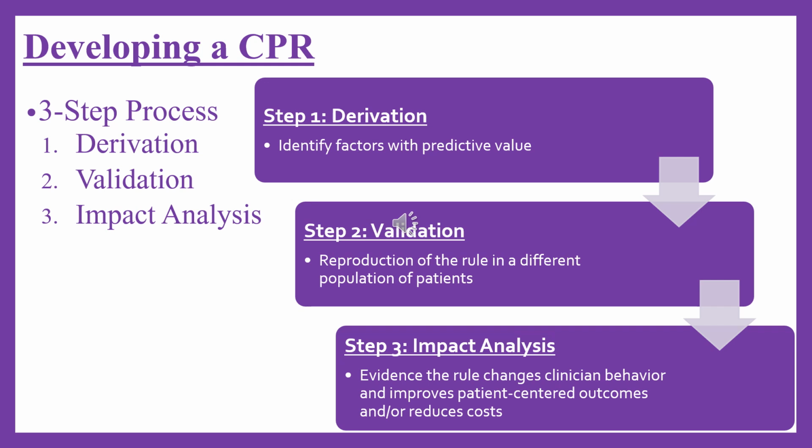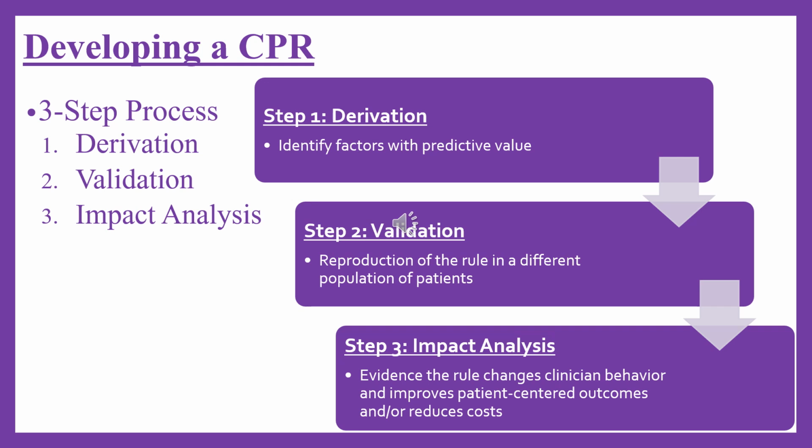Now, step two is validation, so the reproduction of the rule in different populations of patients. Once we have the factors that have a predictive value, we're going to put them together, and then we have to validate that rule first on one population, and then we have to include additional populations to again validate that rule.